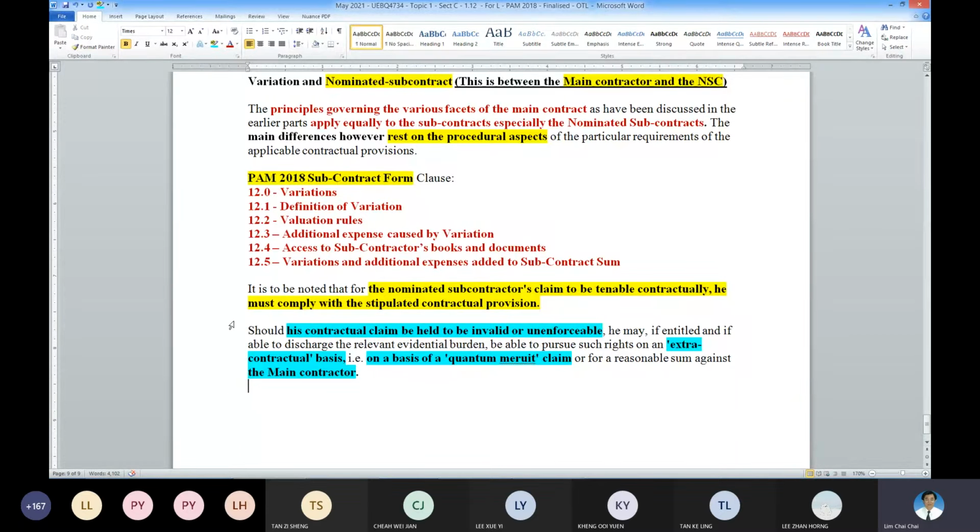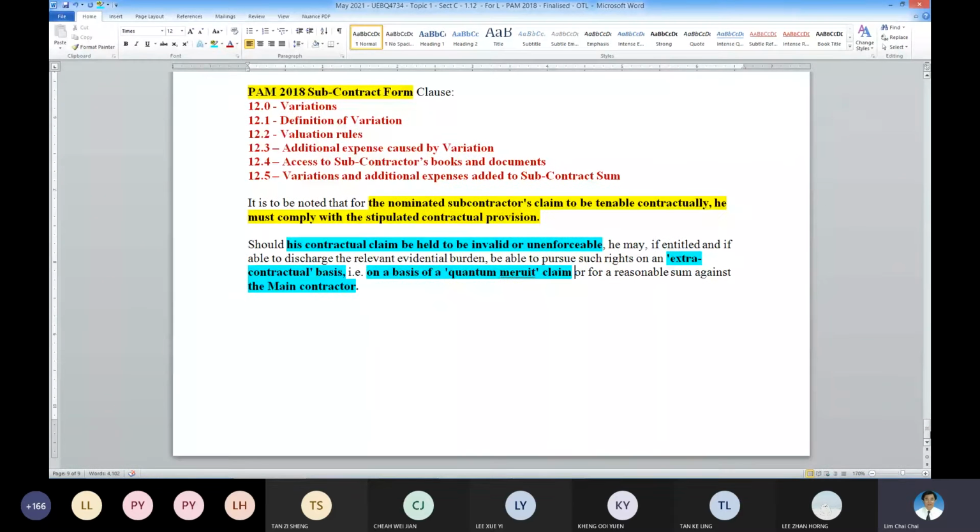You just change it to the employer here. Okay, the main contractor and employer. So if the main contractor contractually cannot, then there is an extra contractual basis or common law basis, and then you can claim. Whether it's going to be paid under the quantum meruit basis or actual cost basis, that has to be worked out. With that, we come to the end of today's topic 12.